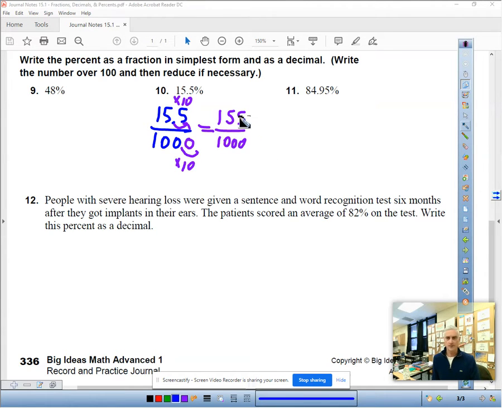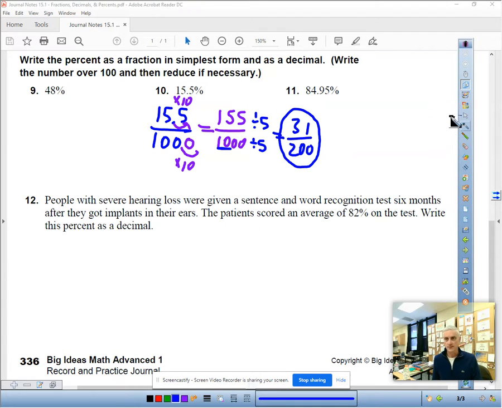First thing I notice, this ends in a 5, this ends in a 0. They're both divisible by 5. 5 goes into 155 31 times. 5 goes into 10 2 times, and I add the 2 zeros, so 31 200ths. And that's as simple as we can get it.